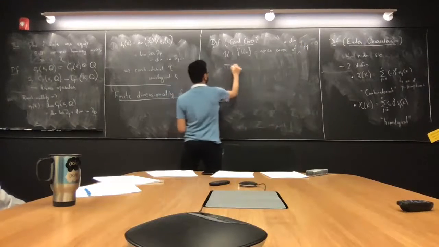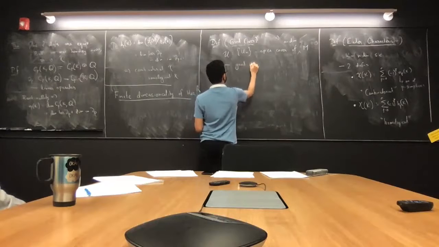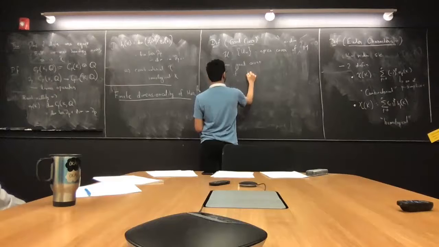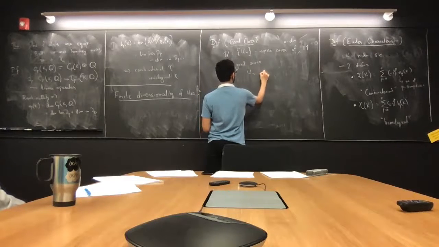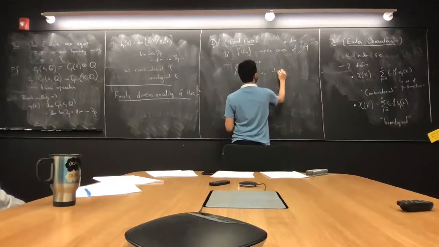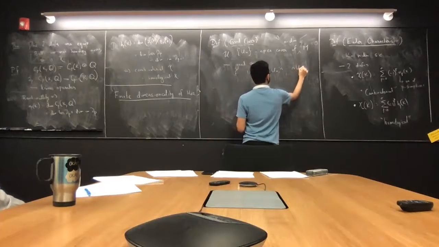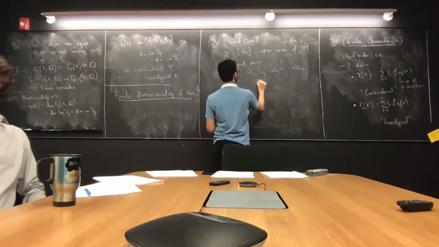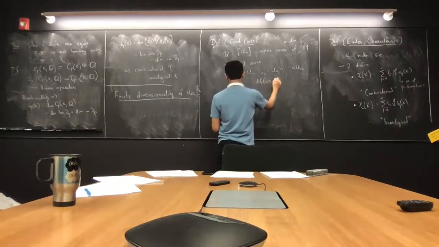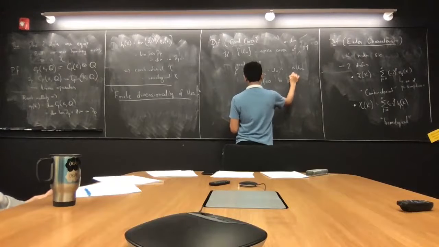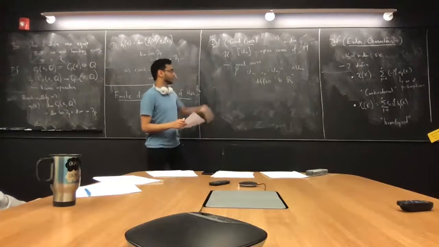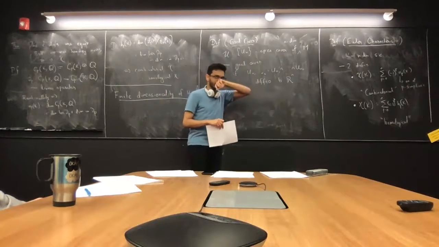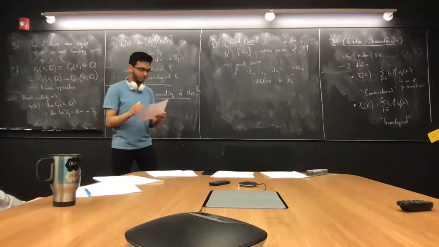This is a good cover if all non-empty finite intersections U alpha 1 through alpha k are diffeomorphic to R^n, or in other words, contractible.